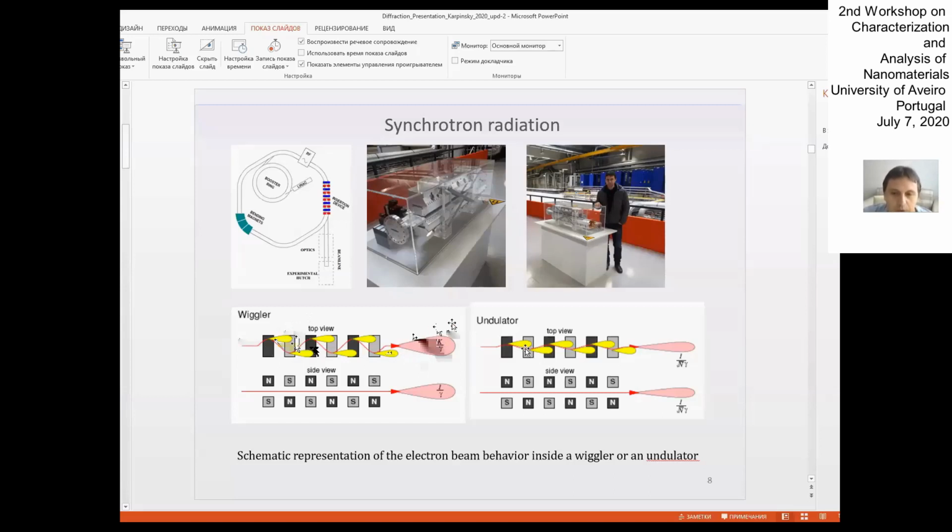In the case of an undulator, we have interference. The photons interact with each other, and we have a discrete spectrum of this emission. For the Wigler, we still have a solid spectrum, and the main idea is just to get a new component of emission, new because we have additional acceleration.